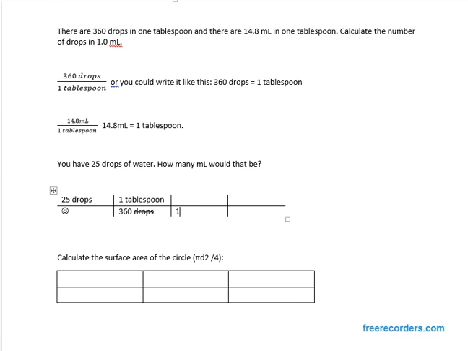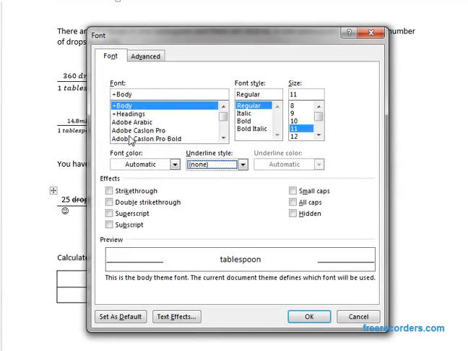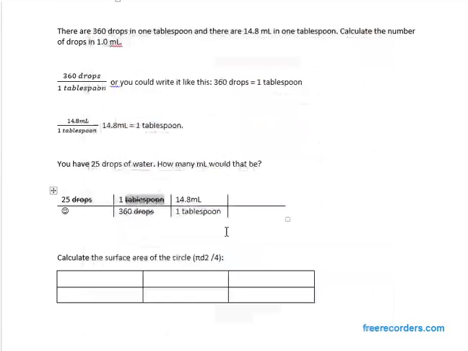So I want tablespoon to be here, and what goes on the top? 1 tablespoon is 14.8 milliliters. Now my tablespoons cross off, and I'm left with milliliters. Well, that's what I want.